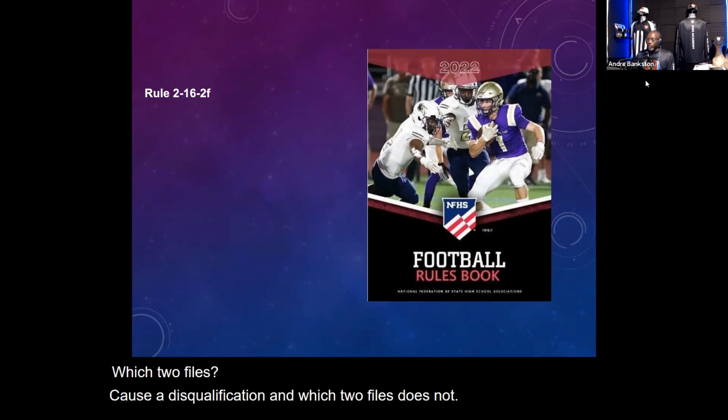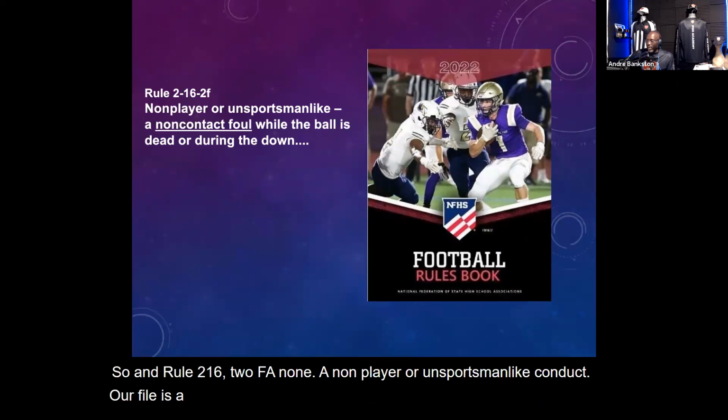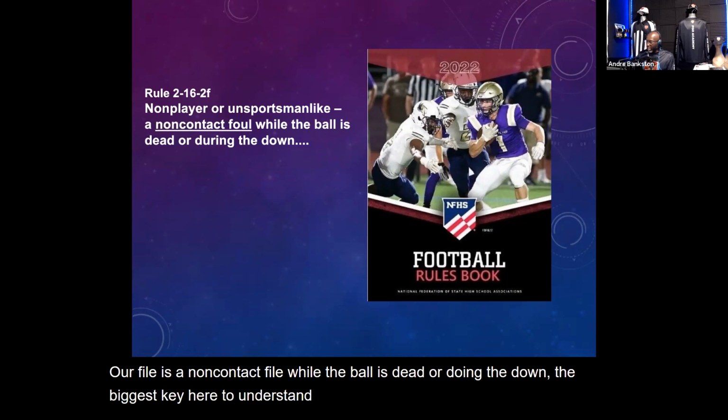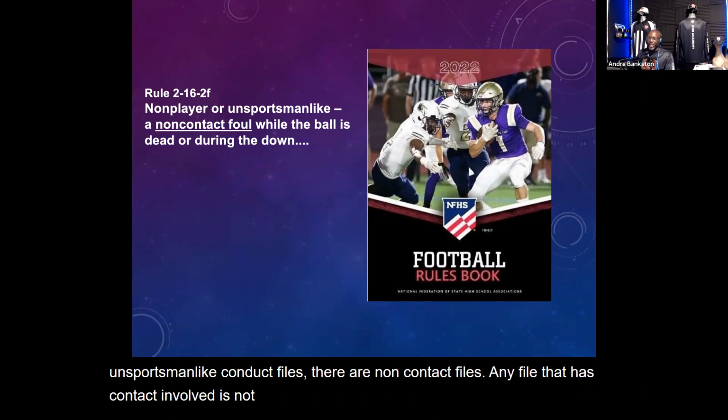So in Rule 2-16-2f, a non-player or unsportsmanlike conduct foul is a non-contact foul while the ball is dead or during the down. The biggest key to understand when we're talking about non-player or unsportsmanlike conduct fouls is that they are non-contact fouls. Any foul that has contact involved is not an unsportsmanlike conduct foul.